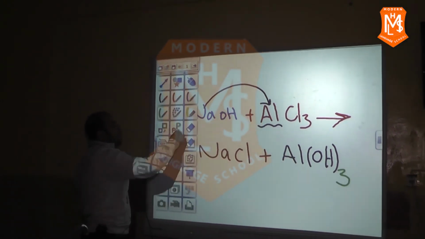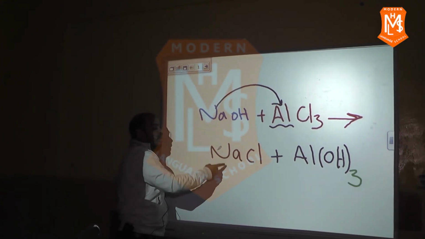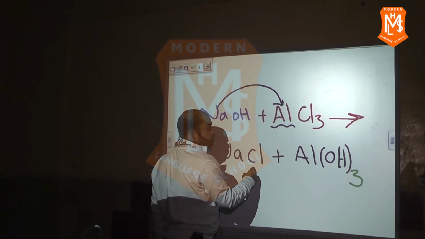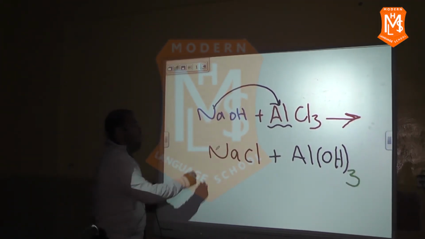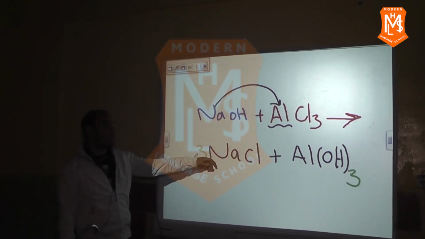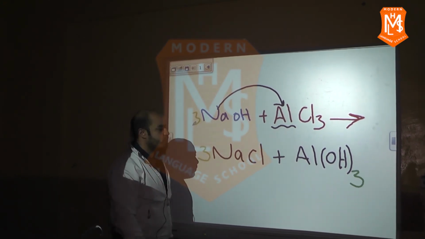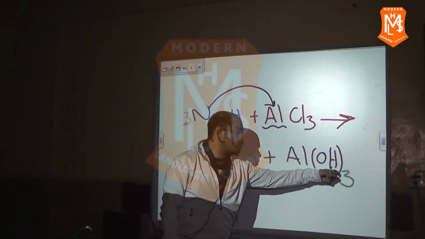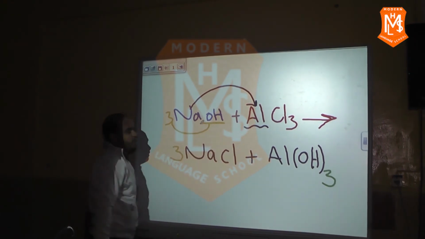Now we will balance the equation. Only one sodium atom, but the number of chlorine atoms is 3, and here it is 1, so we must write 3. So the number of sodium atoms also increases, so we will write 3. And aluminium 1 atom, and the hydroxyl group 3, as we see on the other side also.